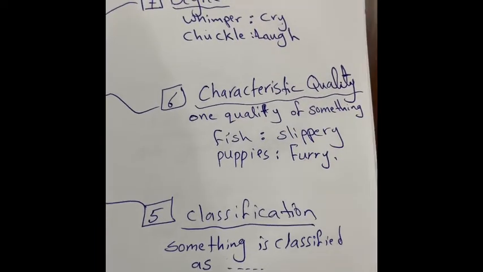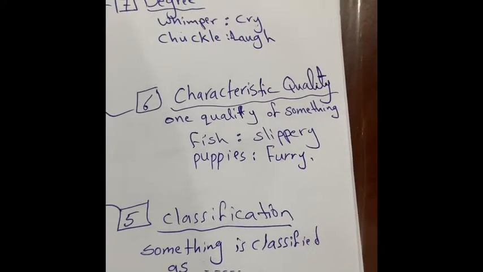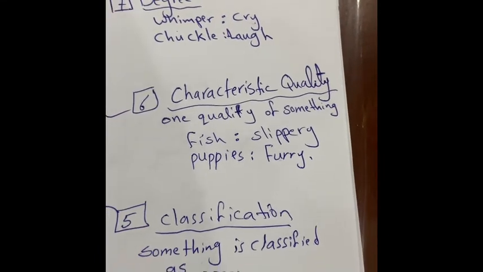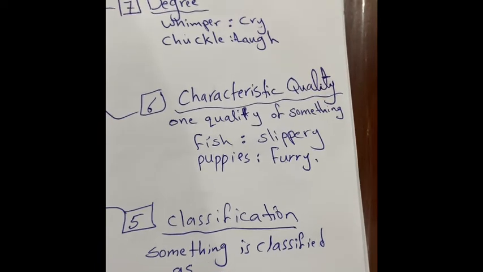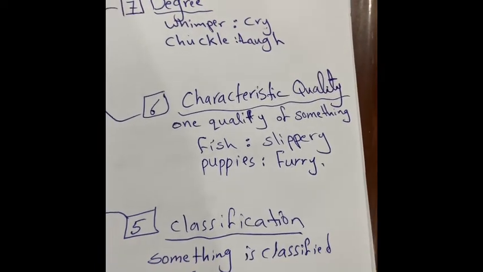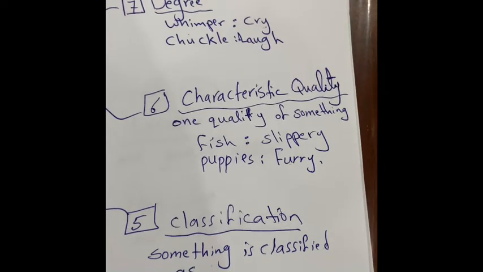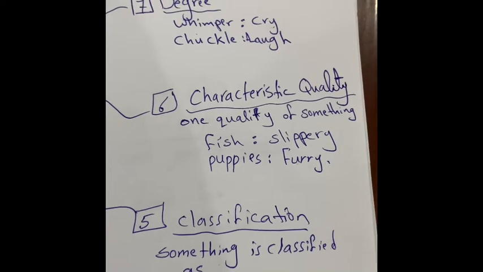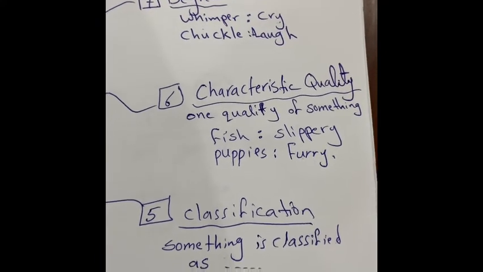Kind number six, characteristic quality. What is the meaning of characteristic quality? It means one quality of something. If we have, for example, fish, and I ask you to give me one quality of the fish, you will tell me slippery. So we will write fish, two dots, slippery. Don't forget to put two dots between the two words.